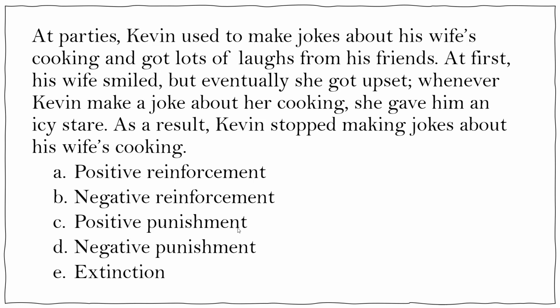Since his behavior is decreasing, we know it's either positive punishment, negative punishment, or extinction. If his wife just stopped smiling and just ignored him, then that would be extinction. But she actually gives him an icy stare, and that icy stare is an aversive stimulus because the behavior is decreasing. So this icy stare gets added. This would be an example of positive punishment.